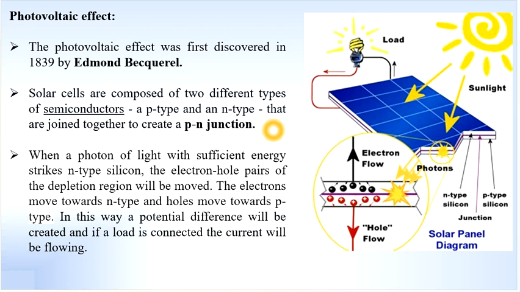So what happens here with respect to the p-n junction, we will see. When a photon of light with sufficient energy strikes n-type silicon, as you see in this figure, there is n-type silicon material and p-type silicon material which are joined together and form a p-n junction. When sunlight falls on the n-type silicon, what happens? The electron hole pairs of the depletion region will be moved.